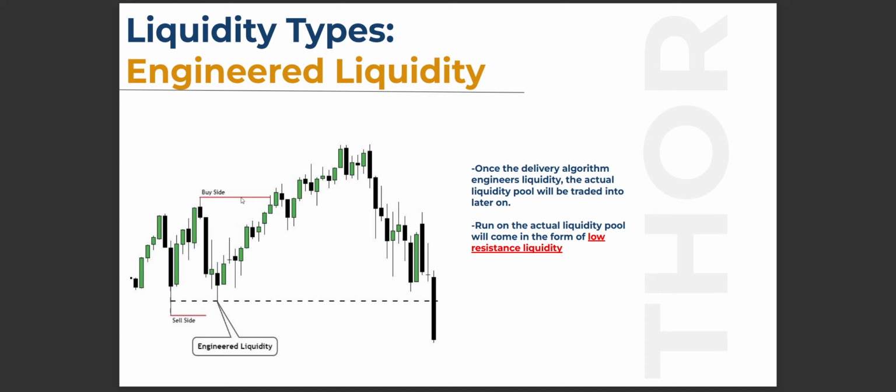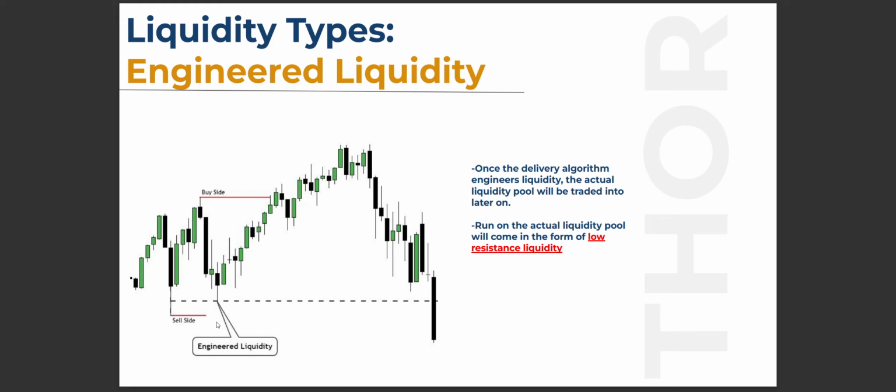So in this figure, if you take a look at the lows right there, we have a sell side formation, a swing low here, sell side, and then we have a swing high here, which forms the buy side, right? But after this swing high formation, once the buy side is confirmed, price moves lower and comes back and doesn't engage with the actual liquidity pool.